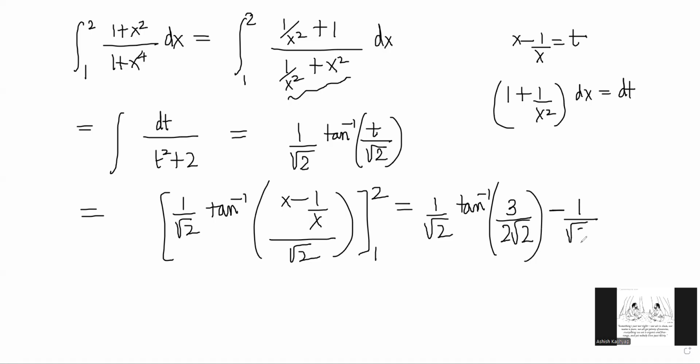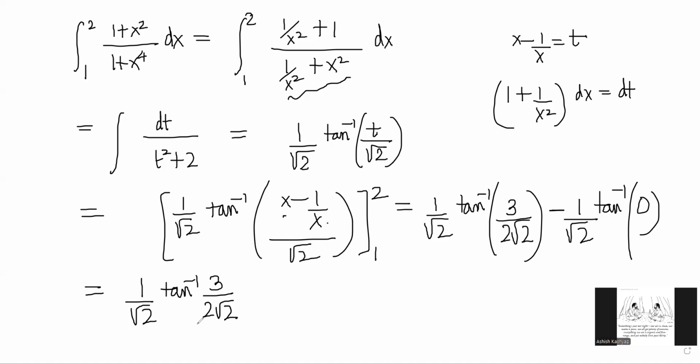Minus 1 by root 2 tan inverse of 1 minus 1, so 0, right? So I'm getting the value of 1 by root 2 tan inverse 3 by 2 root 2 here, right? So we will keep this value in mind, and now we will do the other integral.